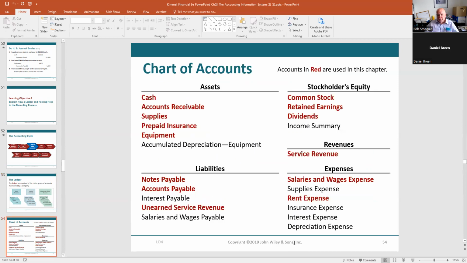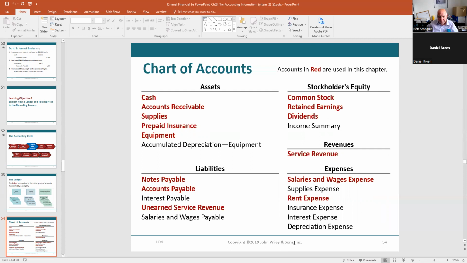This is what's called the chart of accounts. This is the list of folders that this company chose to generate a folder for. Certainly, you want to have one for cash, accounts receivable, supplies, insurance, equipment.